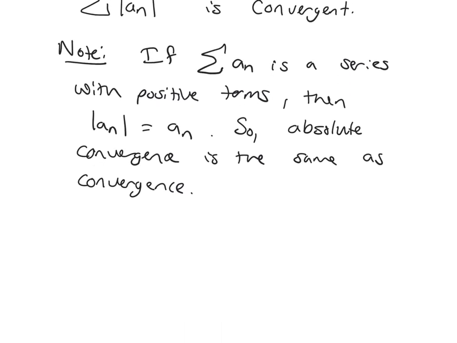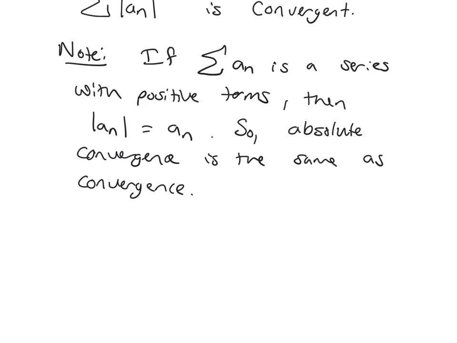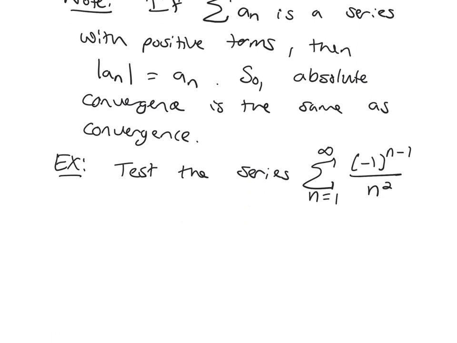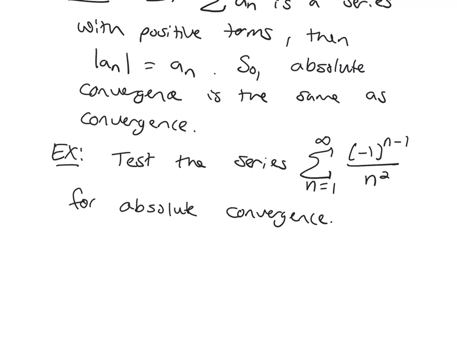So let's start with a series and see if we can tell if it's absolutely convergent. Test the series n equals 1 to infinity, (-1)^(n-1) over n squared, for absolute convergence. So here I'm just using the definition.